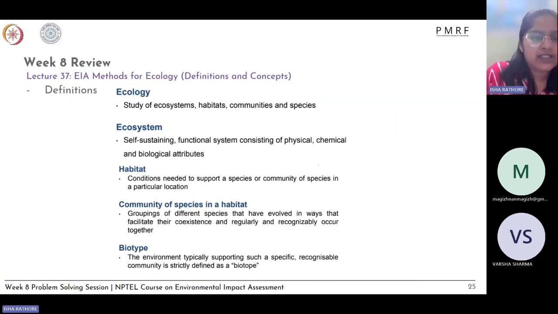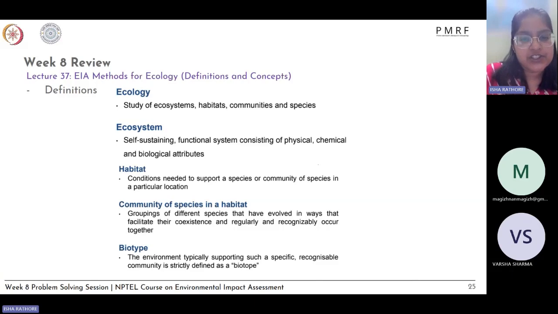Okay, then the next lecture was lecture 37, which was on EIA methods for ecology. Here we looked at the definitions and concepts first. Ecology is the study of ecosystems, habitats, communities, and species. An ecosystem is a self-sustaining functional system consisting of physical, chemical, and biological attributes. Habitat refers to the conditions needed to support a species or community of species in a particular location.